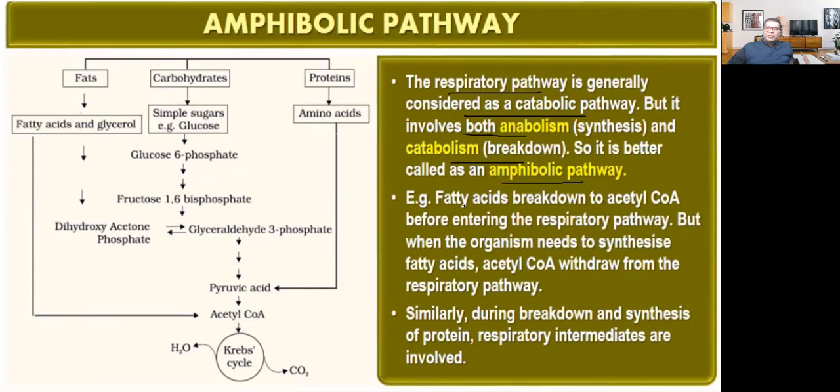Fatty acids break down to acetyl coenzyme A before entering the respiratory pathway, but when the organism needs to synthesize fatty acids, acetyl coenzyme A is withdrawn from the respiratory pathway. Similarly, during breakdown and synthesis of protein, respiratory intermediates are involved.